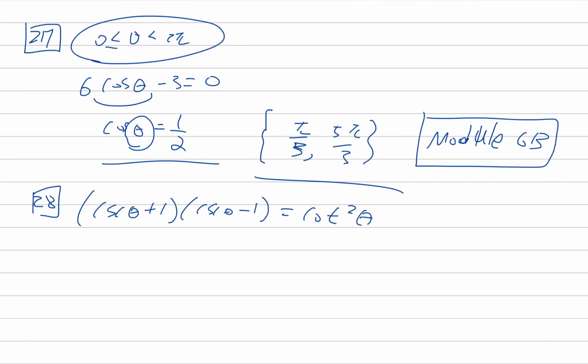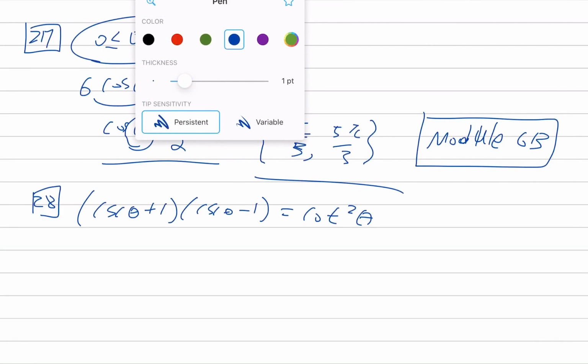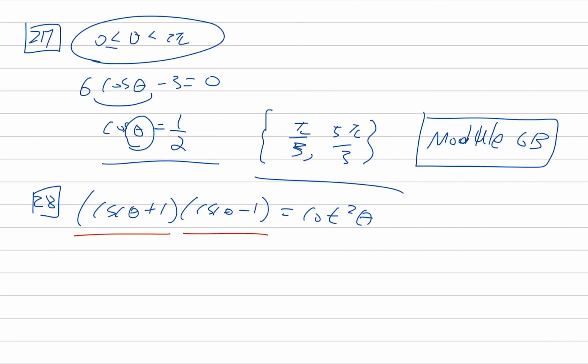Okay, the first part says multiply and write the left side expression as a difference of squares. So that means this part right here, we multiply. You can just do this and simplify, but again this is the same idea of a plus b times a minus b simplifies to a squared minus b squared.